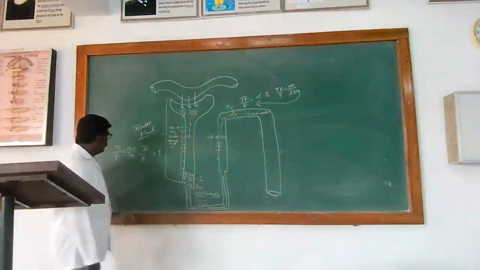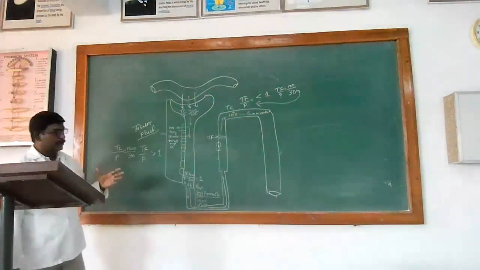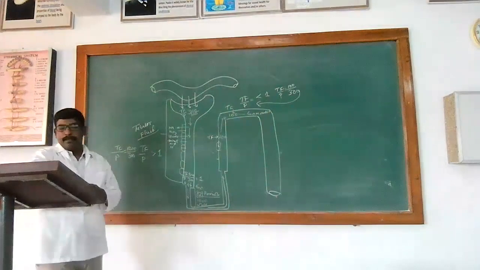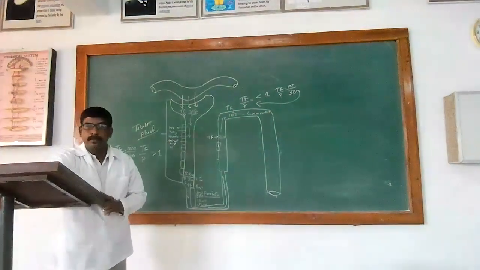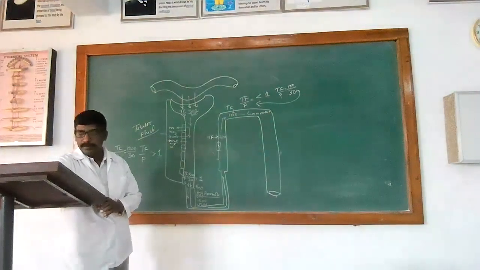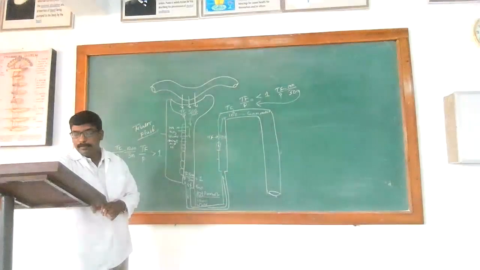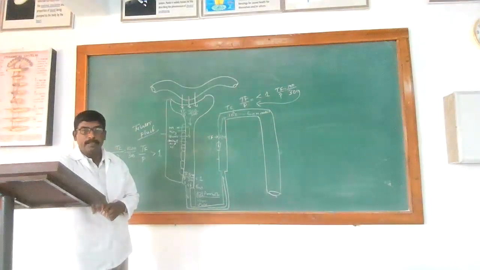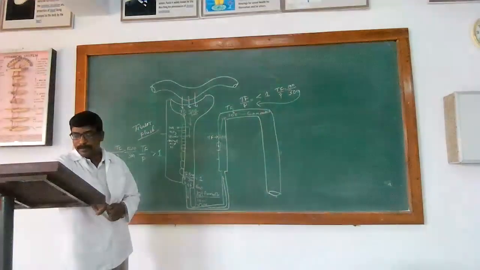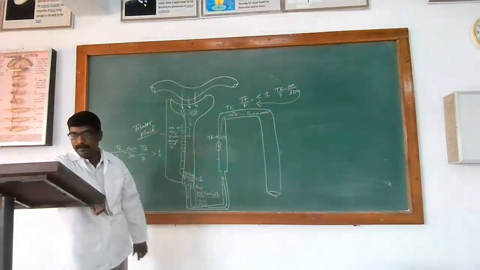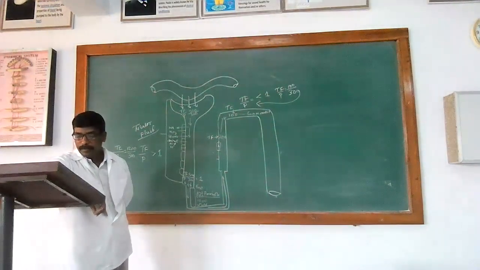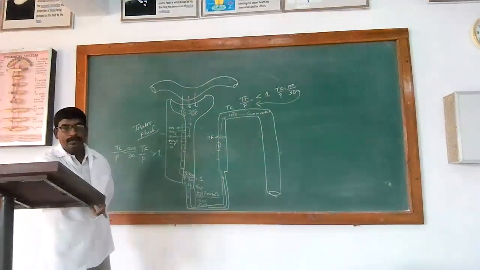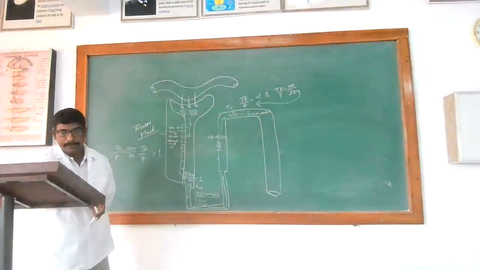Again, we are discussing the action and effect of ADH on the osmolarity of the tubular fluid. What will happen in the presence of ADH and in the absence of ADH to the tubular fluid and the plasma osmolarity?